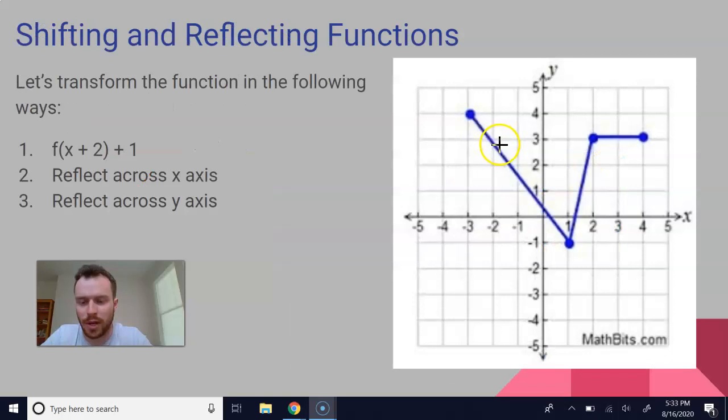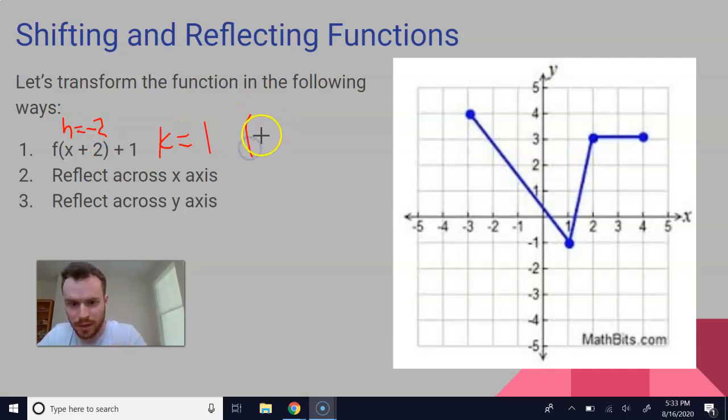So let's transform the function in this graph. First, we're going to shift it, it looks like to the left, and then we're going to shift it up. We're going to shift it left 2 and up 1. Because remember, x minus h, so that means h is actually negative 2, and k equals 1.